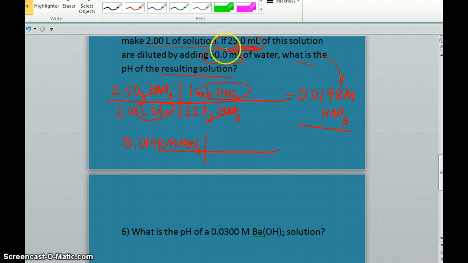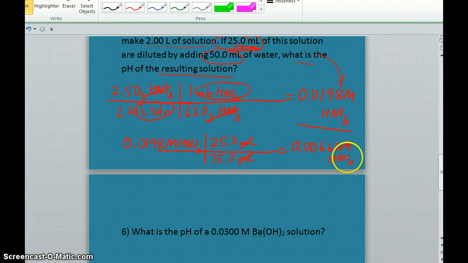So if I'm increasing the volume by threefold, I should decrease the concentration of acid threefold. By the same ratio that the volume increased, I decrease the molarity. So the actual solution I want to know the pH of is a 0.00660 molar nitric acid solution.